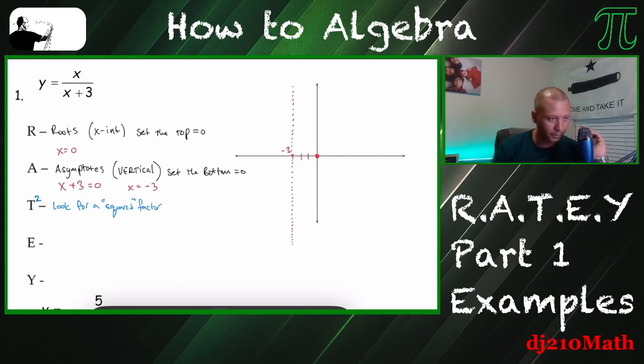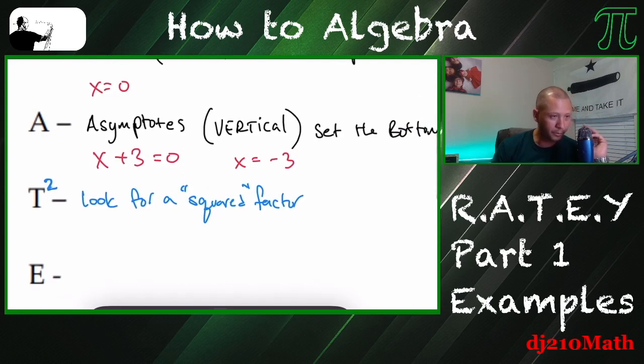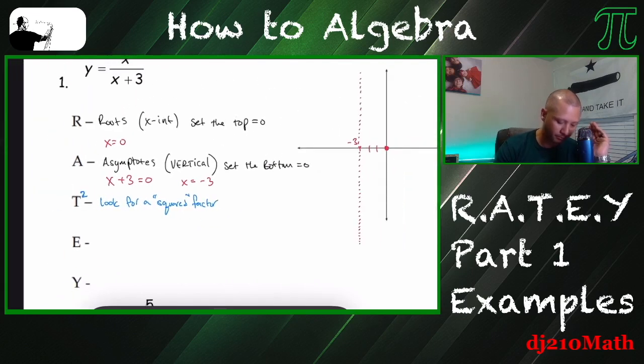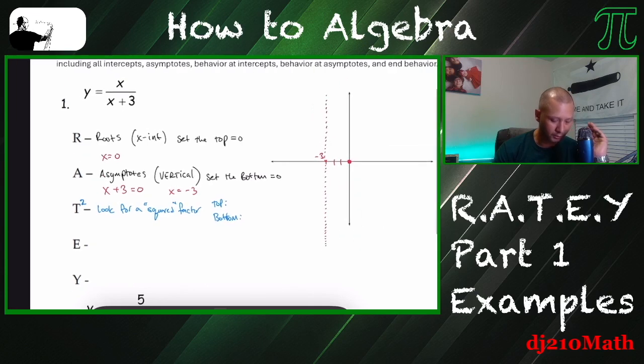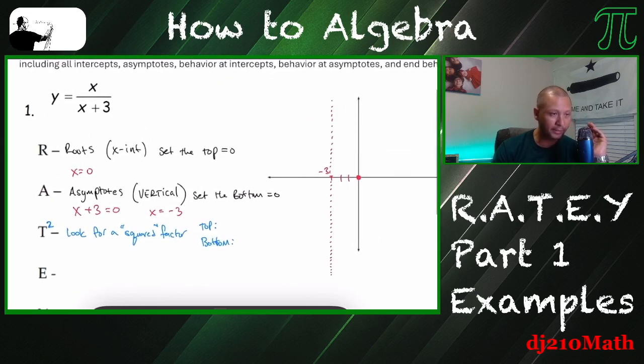When we're looking for a squared factor, we're looking for one in the top, and we're looking for one in the bottom. Here, because it's already factored, I can't factor it anymore.